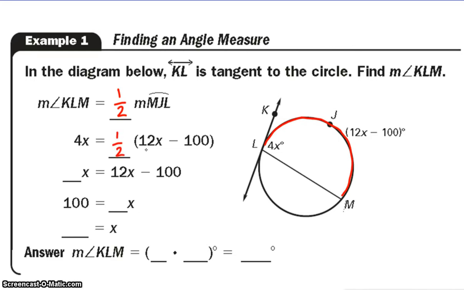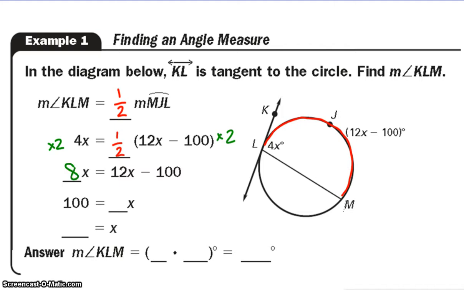Because the angle and the arc aren't equal to each other, it's 1/2, so make sure you put your 1/2 there. Now, multiply by 2 on both sides, because 1/2 times 2 is 1, and I'll be left with 12x minus 100.